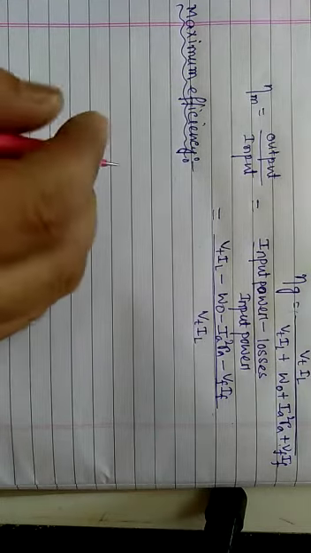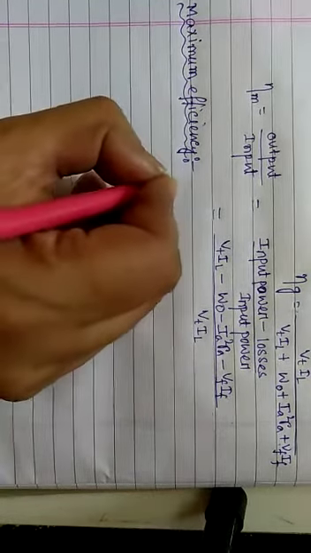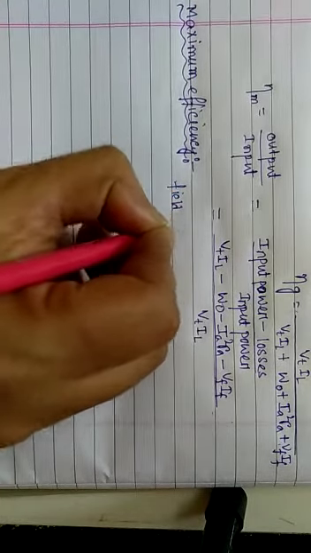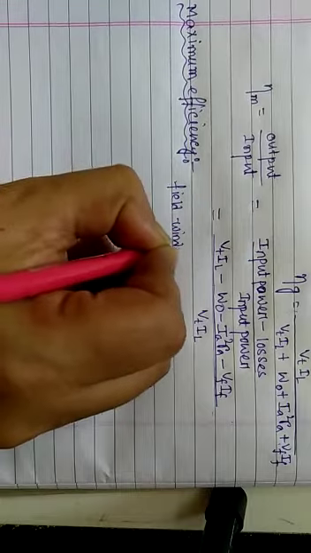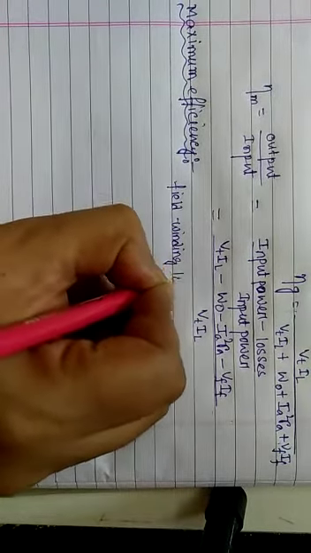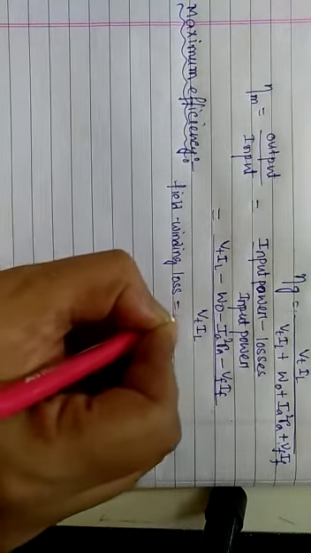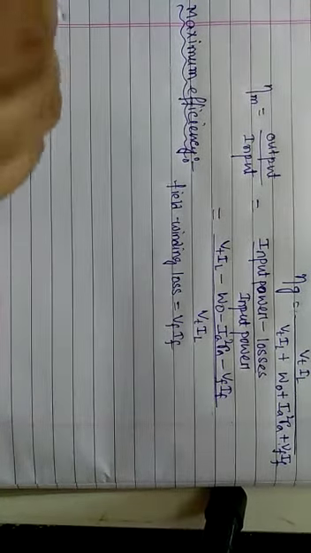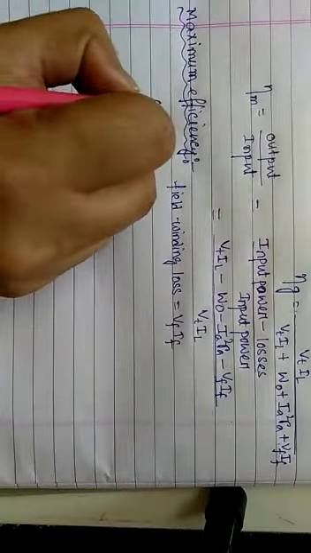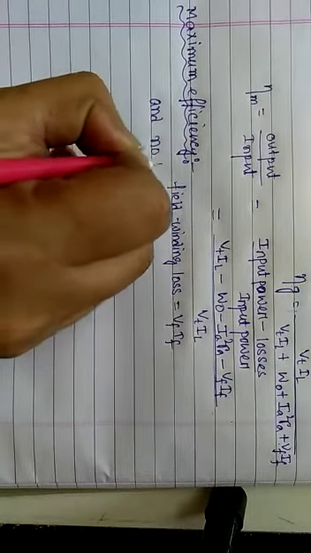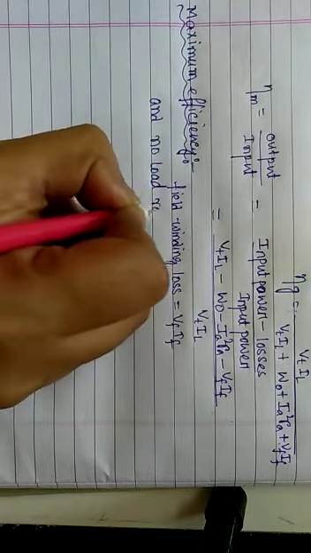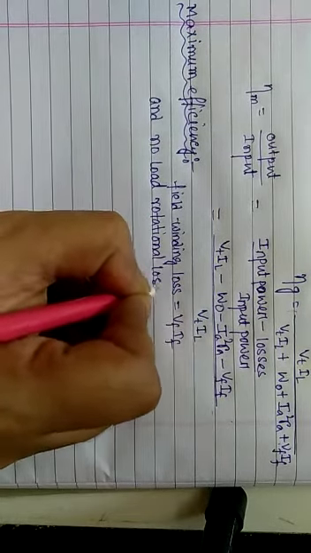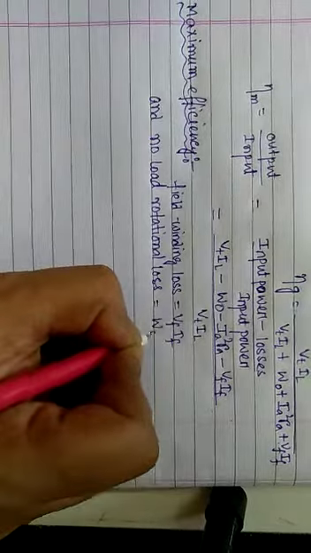Taking the field winding losses, the field winding loss is Vf into If, and the no load rotational loss is W0.